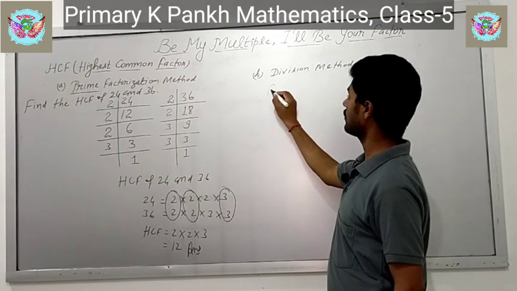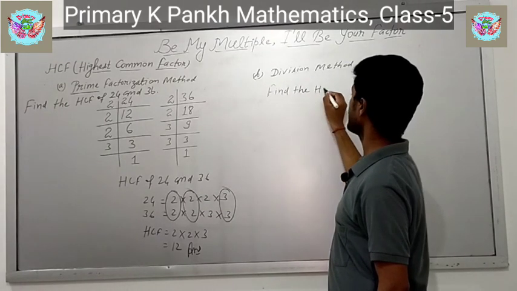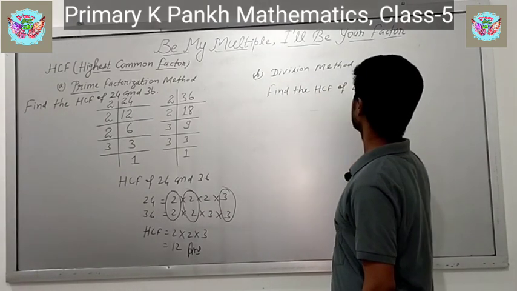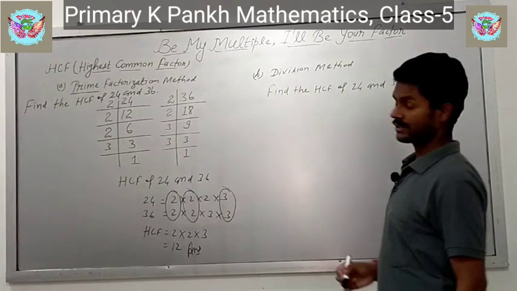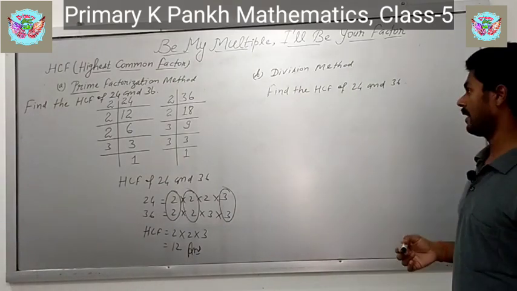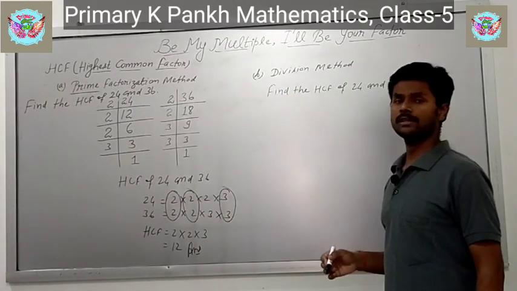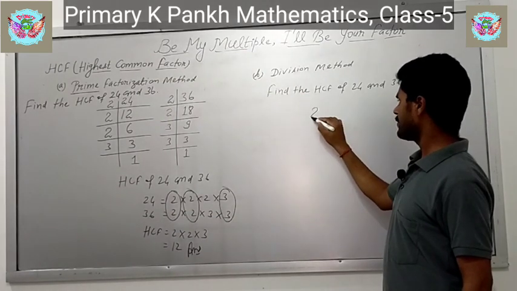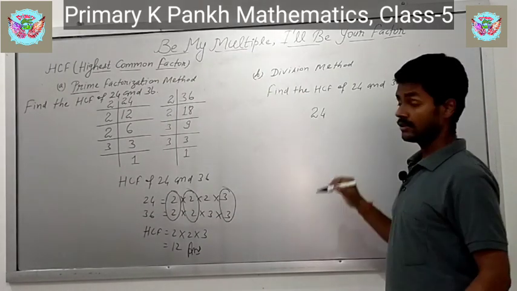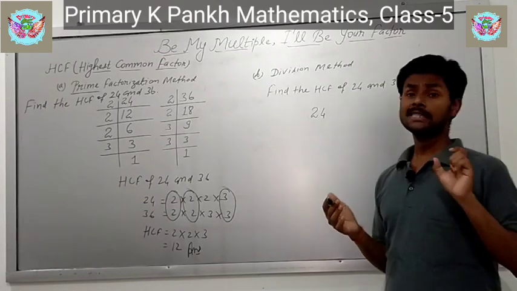So our question will be the same: find the HCF of 24 and 36. But here we are going to find the HCF of these two numbers by using the division method. As you know, in the division method we have to divide the larger number by the smaller number.